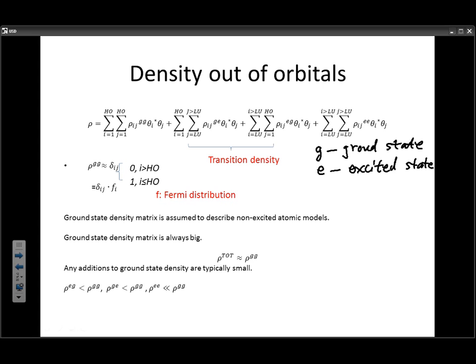The total density can be approximately equal to the ground state density, and the additions to the ground state density are small. ρEG is smaller than ρGG, and ρGE is smaller than ρGG. And ρEE is far smaller than the ground state density.